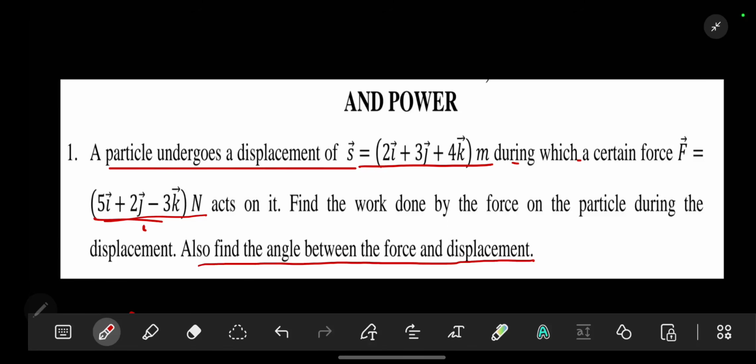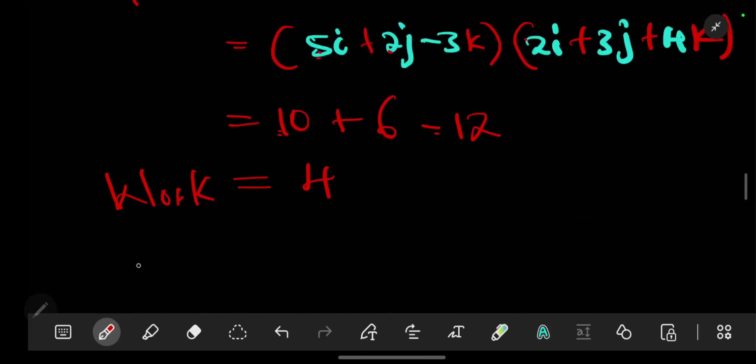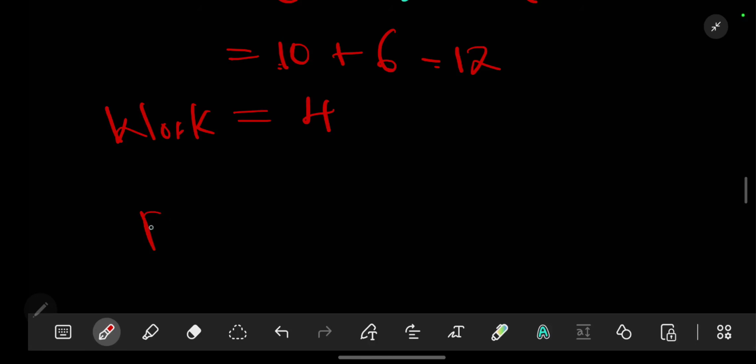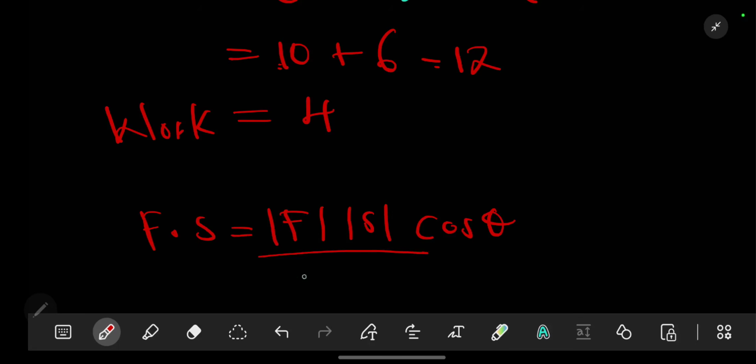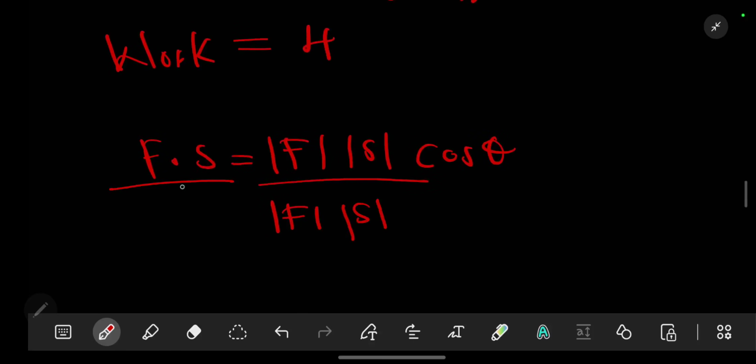Then for the other part, we are also told to calculate the angle between the force and the displacement. To find the angle, we use the dot product: F dot S is equal to the magnitude of F times the magnitude of S times the cosine of the angle between them. They want us to find the angle, so we divide by the magnitude of F and the magnitude of S to cancel them on both sides.